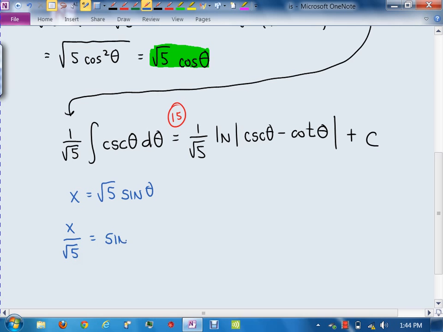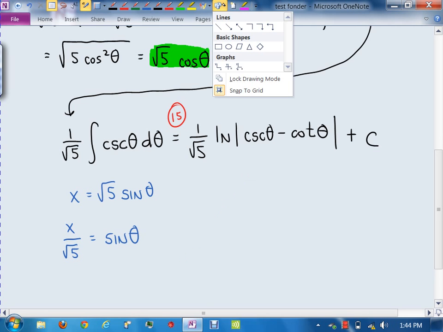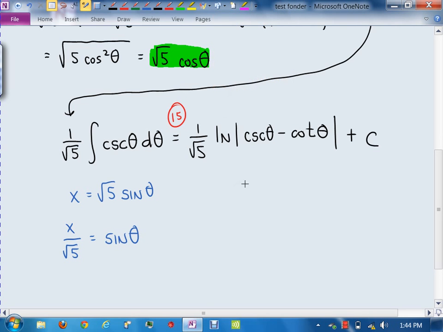That's sine theta. I'm going to draw a reference triangle. My right triangle looks pretty bad.